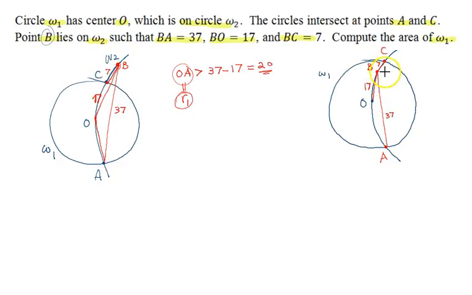So we need to figure out the area of circle omega 1, which basically tells us that we need to somehow calculate the radius of that circle, which turns out to be simply the line segment OA. So once we figure out the segment OA, we're pretty much done. So how to find that line segment? We realize that points A, O, B, and C are concyclic points, so let's write that down.